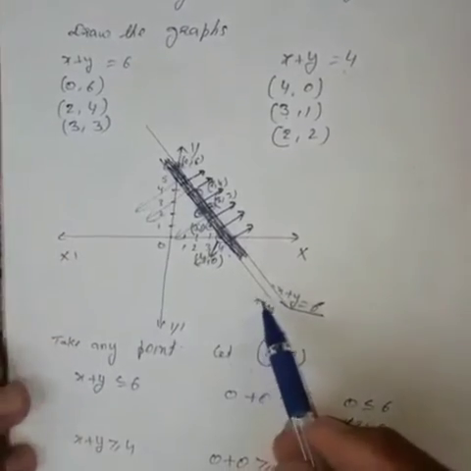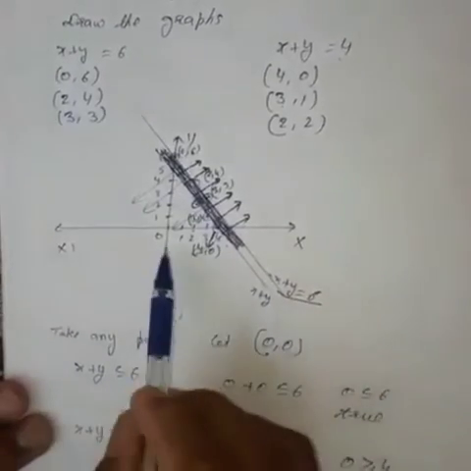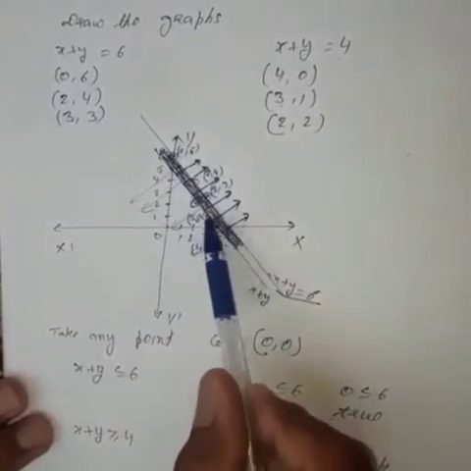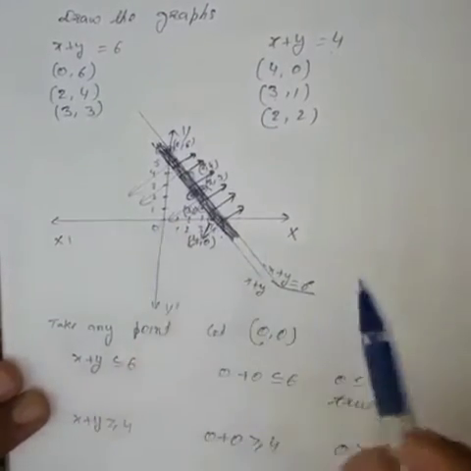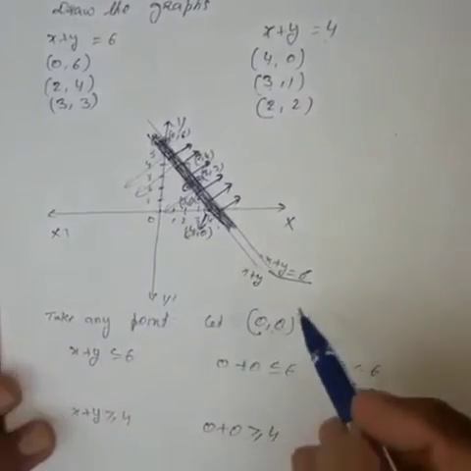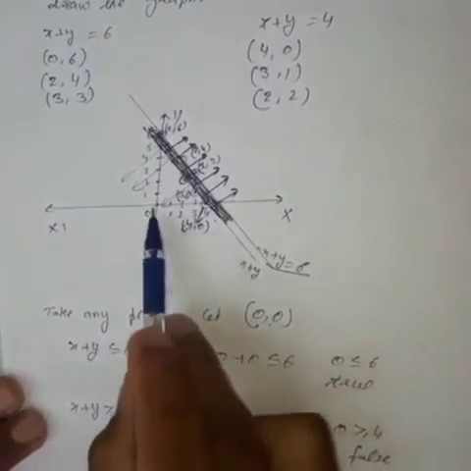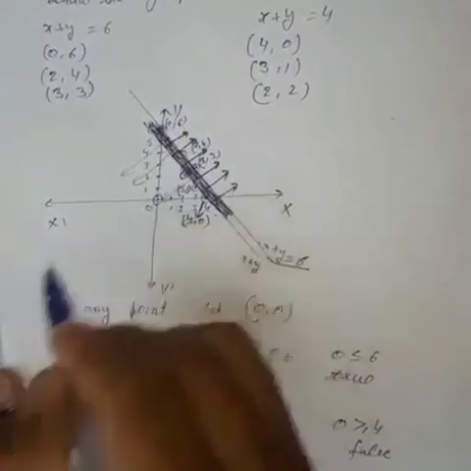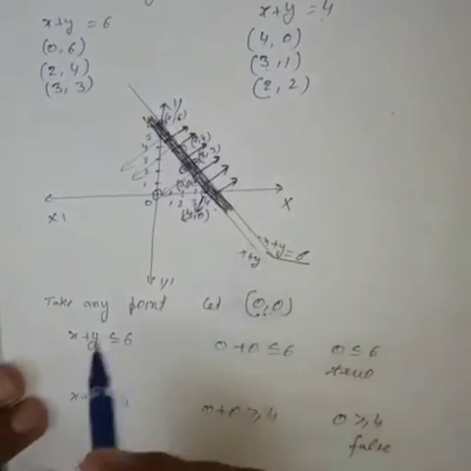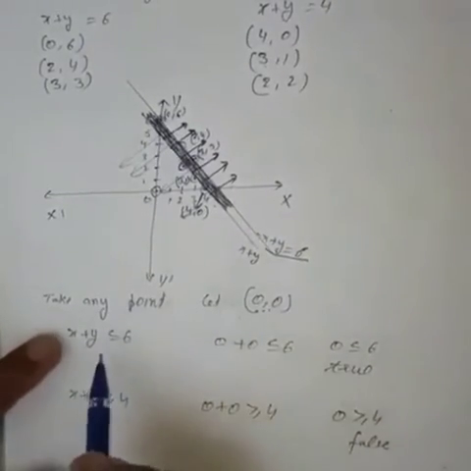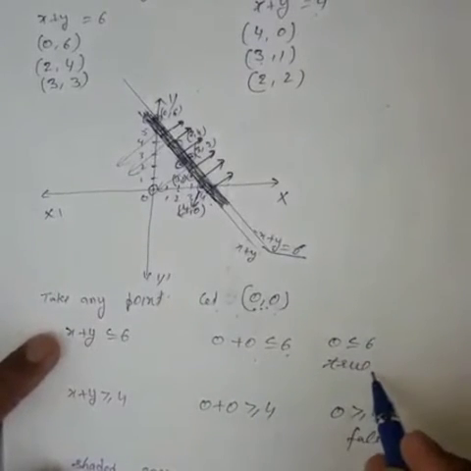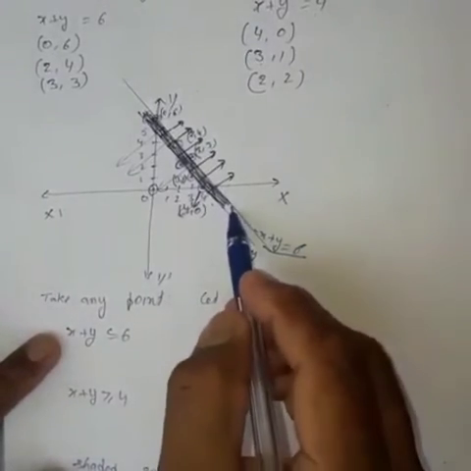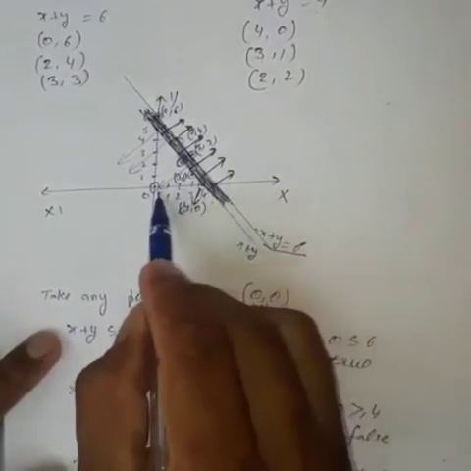Now shade the region. We have to select any point. The point should not be on these two lines. So it is easy to select the origin, because the simplification will be easy. Now put this point in these two inequalities. For the first, 0 less than or equal to 6, it is true. So it means the shading of the first line will be towards the origin.